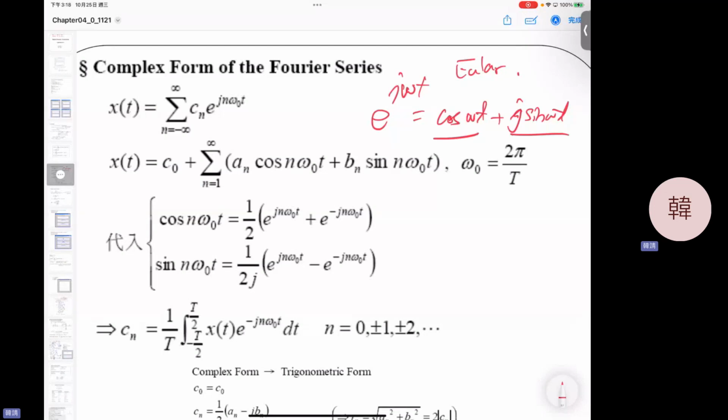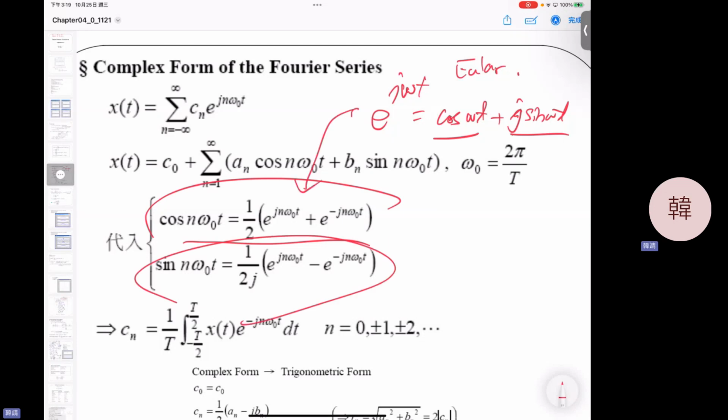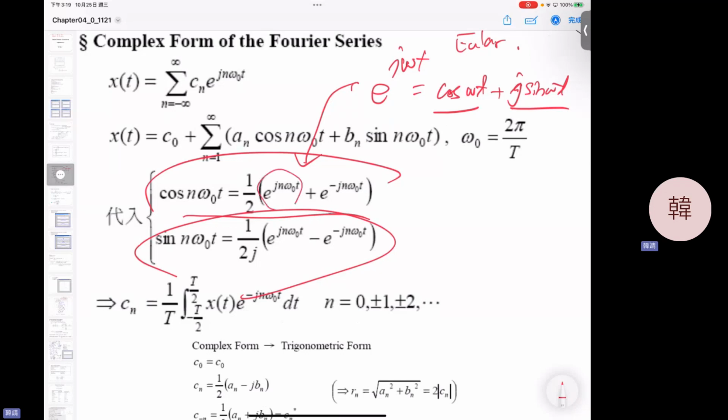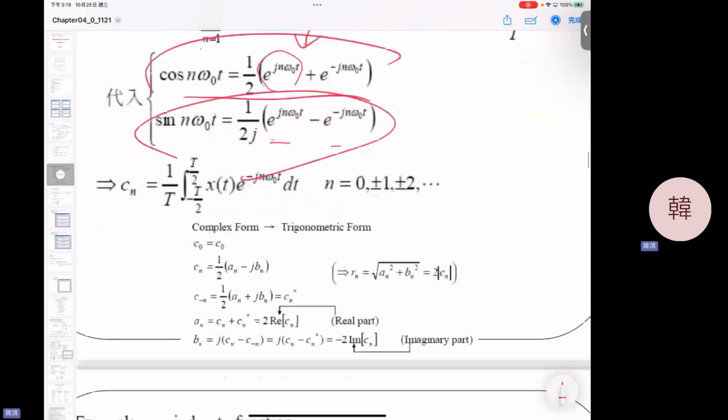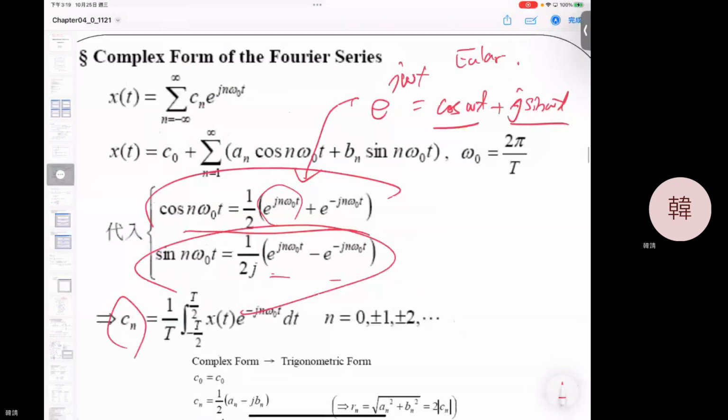So it's the relationship like this one. So from here you can change to this one. Cosine equals this one plus this one divided by 2, and sine is the difference divided by 2j. So it becomes complex form. Okay, so the relationship is like this one. So here is the Cn. How do you calculate this one?